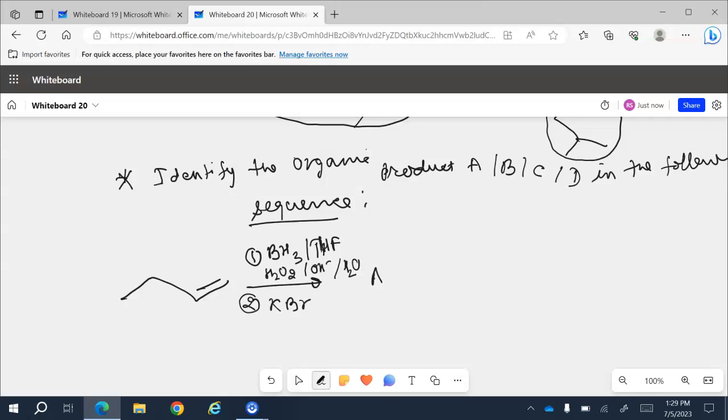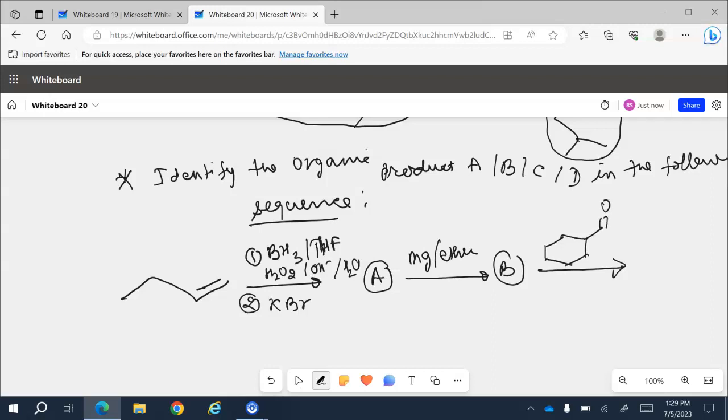That will result in the formation of product A, and A upon reacting with magnesium and ether will result in product B, and then B reacting with your aldehyde to give the product C, and then that will react with PCC and CH2Cl2 will result in the product D.